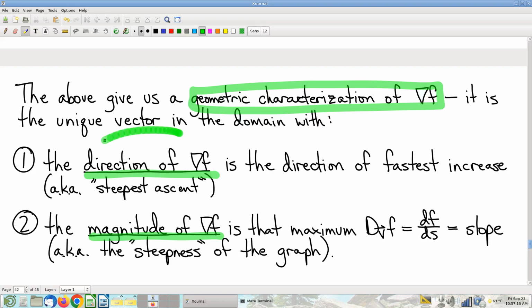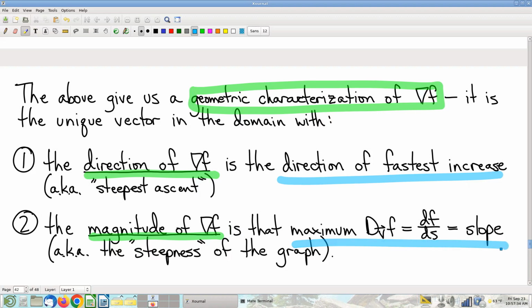The answers were whatever direction the gradient points and whatever the magnitude of the gradient is. Those were the answers to the questions on the previous page. So, like I said, I call this a geometric characterization of the gradient. It's the unique vector that points in the direction of fastest increase and whose magnitude is, again, what you might call the slope or the maximum directional derivative in that direction.